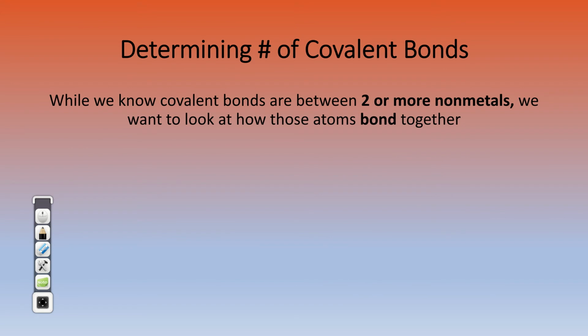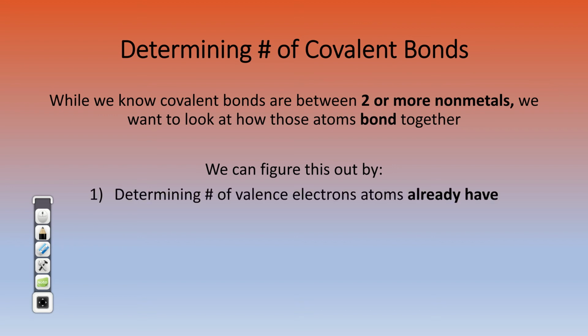So we've already talked about covalent bonding. We talked about how to name and write formulas for these, but now we're interested in actually going, well, what do these covalent structures, these molecules actually look like? So that's what we're looking at on this part. We can figure out exactly how they're bonding. Basically, we want to figure out how many valence electrons the atoms already have. This is kind of a process that we can use to figure out the number of bonds between these elements.